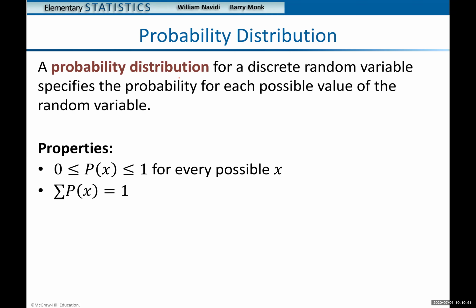You already know that the probability for every possible value of x is always from 0 to 1. And the summation of probabilities should always equal 1. So probability is between 0 and 1, and the summation is equal to 1.